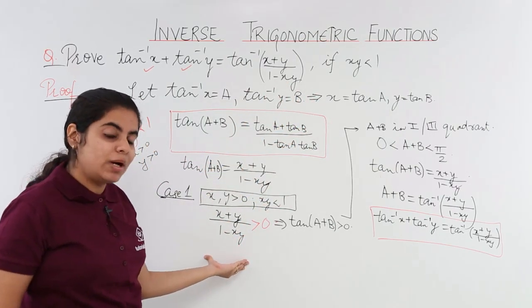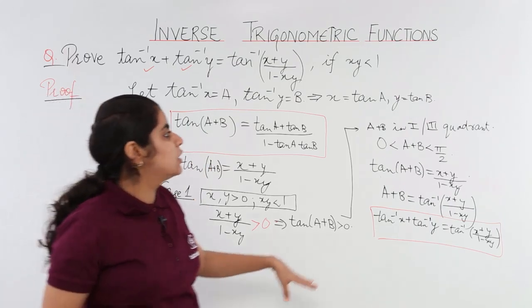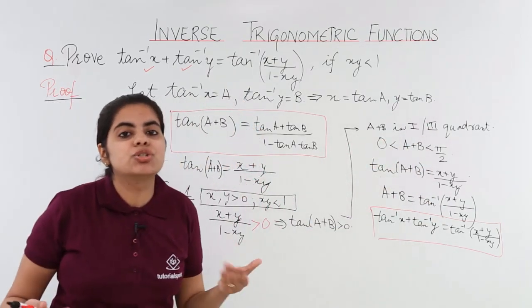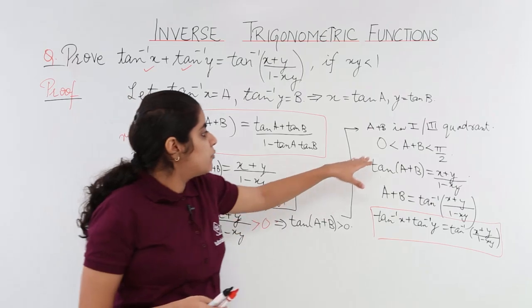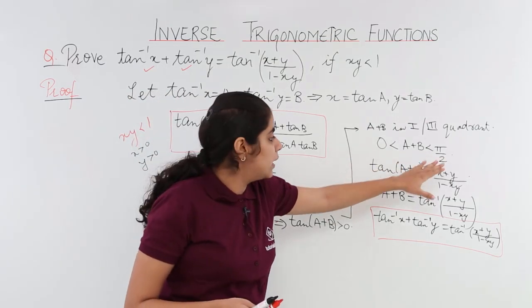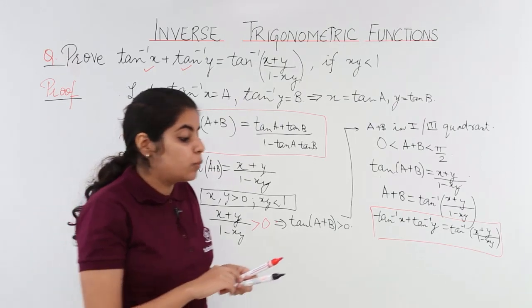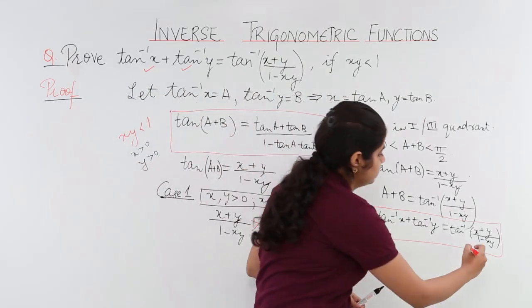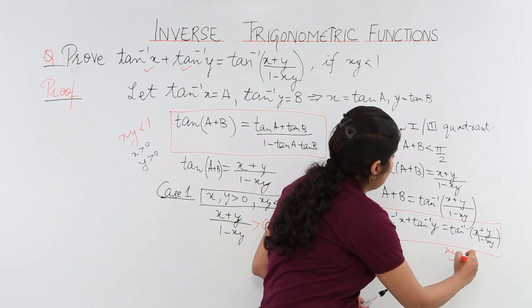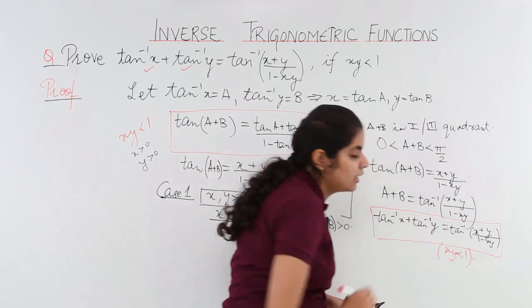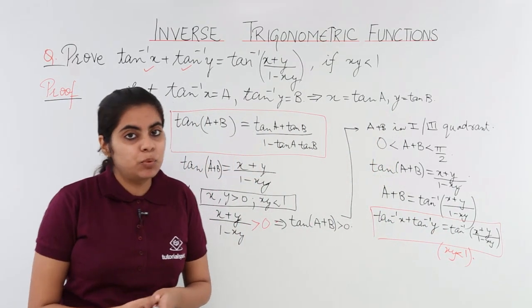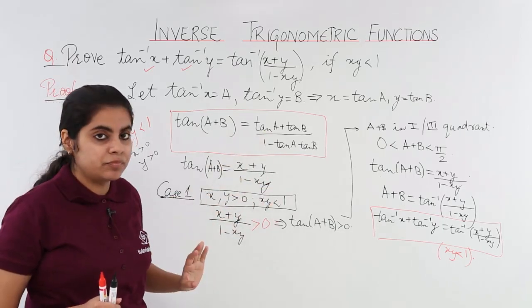Here we arrived at tan a plus b greater than 0, so a plus b is either in the first or third quadrant. In the first quadrant, with the range 0 to pi by 2, substituting the values, my final result is this, for the condition xy less than 1. This was case 1. The proof for case 1 is clear.